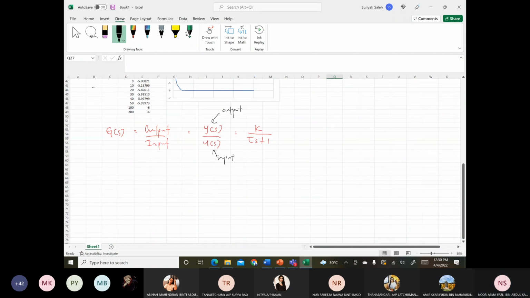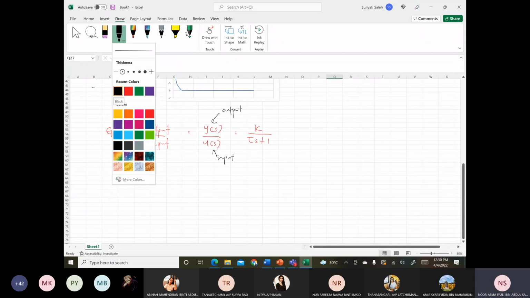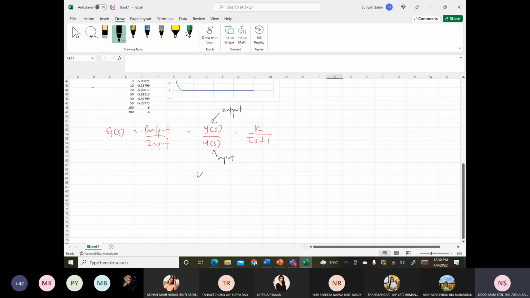Now, how can the input be negative? Because here U(s) represents your step input. So this is an example of the step input, where you can see the input has been increased from one point to another point.